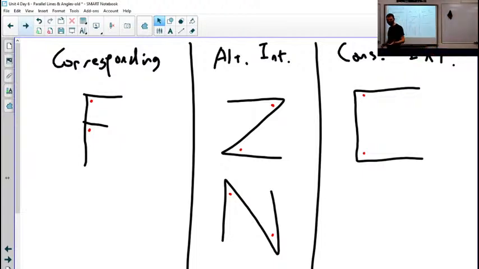It depends on which angles we're looking at and how the diagram is written out. But these general C shapes, F shapes, and Z or N zigzag shapes are things you can use to pick out those kinds of angles. If you were having trouble with it yesterday and earlier today, then that can help you.